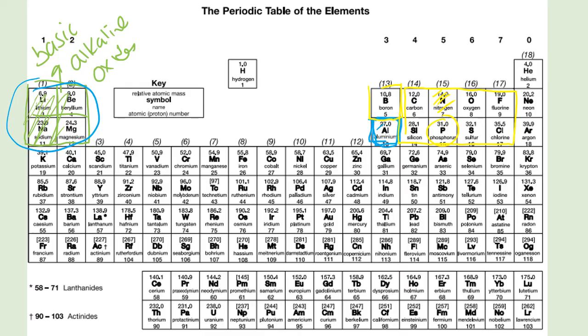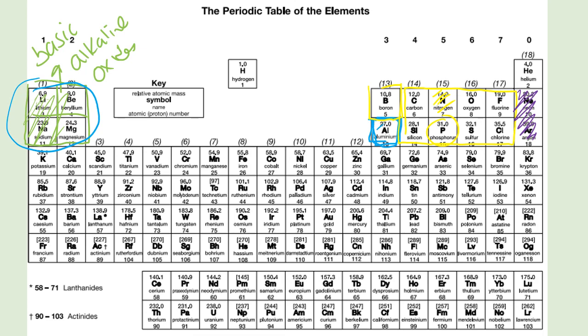Group 8 did not react, very, very unreactive. We saw with fluorine and oxygen, they did react, but would form very unstable and short-lived oxides. And sulfur dioxide being an acidic gas that would react further to make sulfur trioxide.